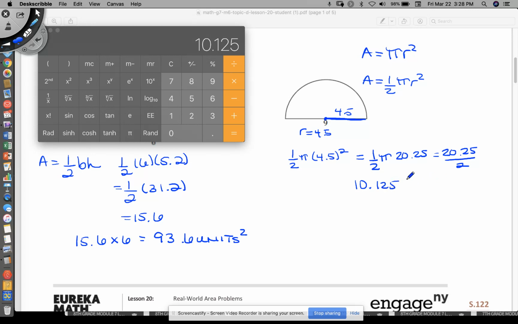And now I'm going to multiply that by pi. In 7th grade, we use 3.14. You don't want to use your pi key just yet. Okay, keep it at 3.14. I'm going to come over here and times this by 3.14. And we get this answer. And I'm going to go ahead and round that to 31.8 units squared.